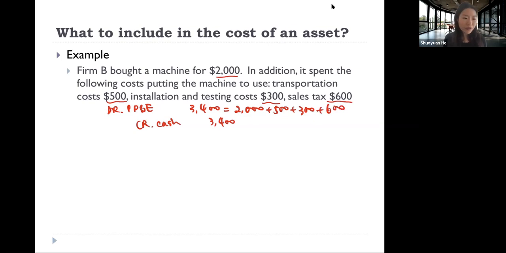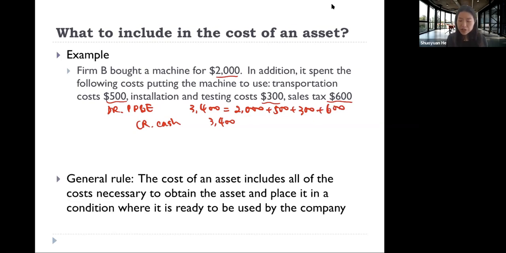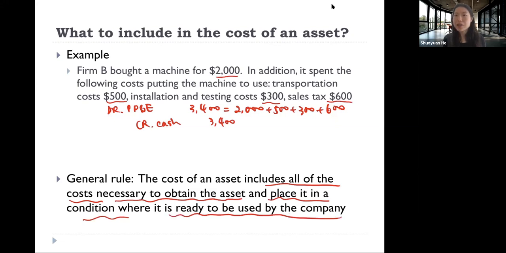So the general rule when we decide what to include in the capitalized cost of an asset is that it should include all of the costs necessary to obtain the asset and place it in a condition where it is ready to be used by the company. Whatever we spend to bring the machine here and put it in a usable condition should be included in the capitalized cost of the asset. That is the general rule here.